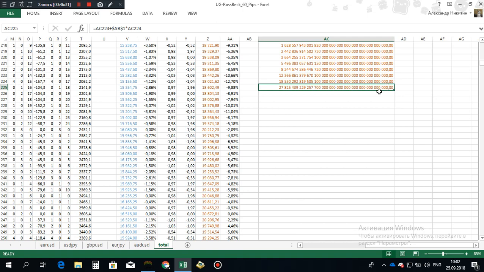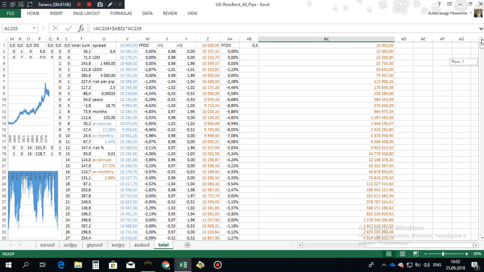What is it? 1,000, millions, billions, trillions, quadrillions, quintillions, sextillions, septillions, octillions, nonillions, decillions. I don't know other numbers. This is something unbelievable. I don't know if we have that many stars in our galaxy. We don't even have. So this is the guy that is saying he generates 50% on his account every month.